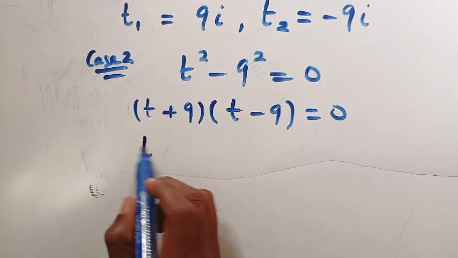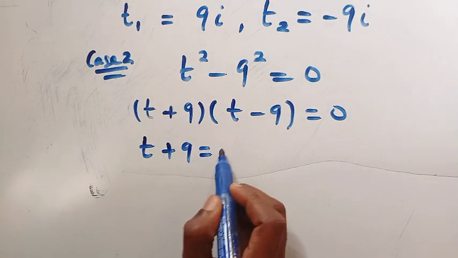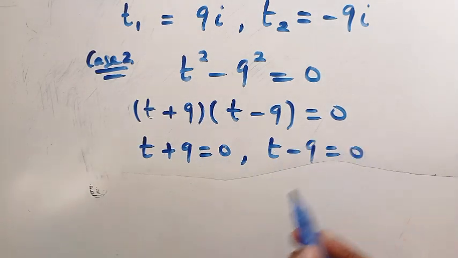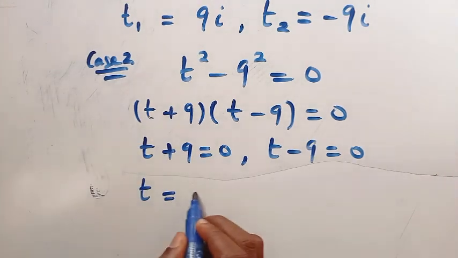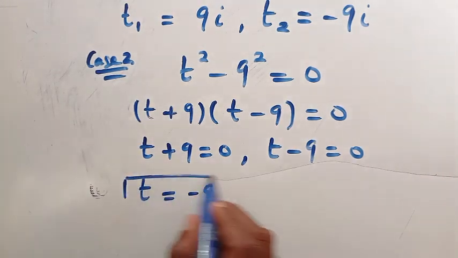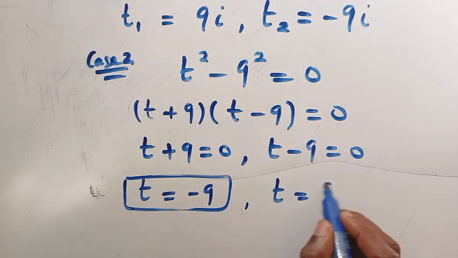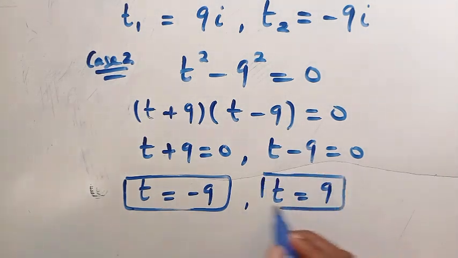Then we let t plus 9 equals 0, or we let t minus 9 equals 0. So t here equals minus 9. This is another solution. And we have t equals plus 9. This is another solution.